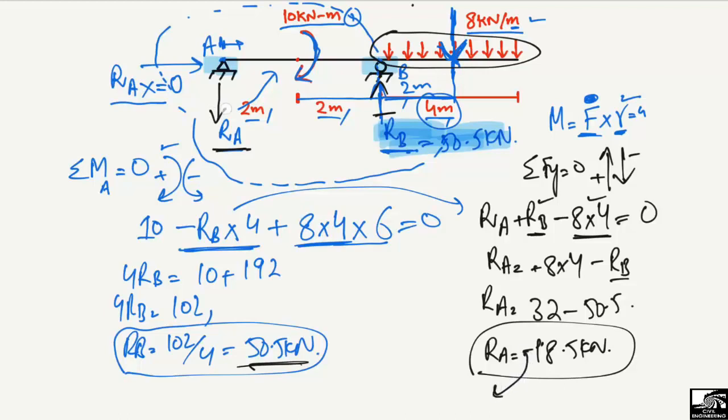Before it was in the upward direction, now this force will be acting in the downward direction with a magnitude of 18.5 kilonewton. So you should keep in mind that if you get negative values, it means that you have to change your sign assumption. So this is the way to find the support reactions by using the equilibrium equations, summation of moment and summation of force equal to 0.